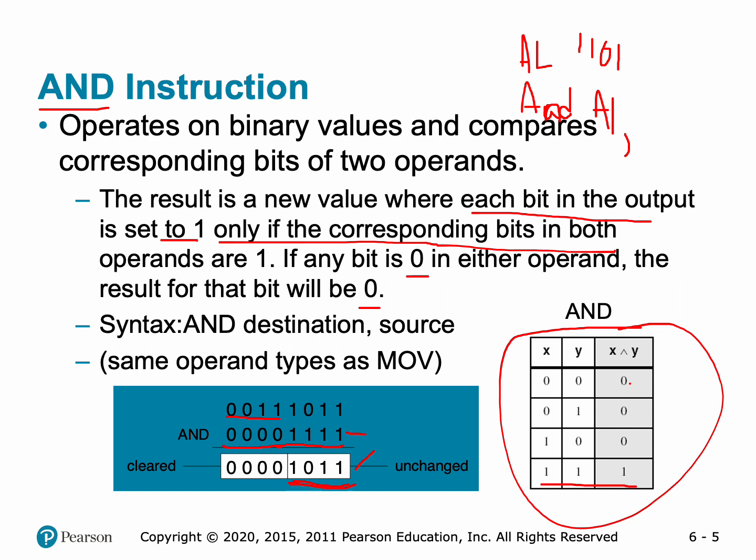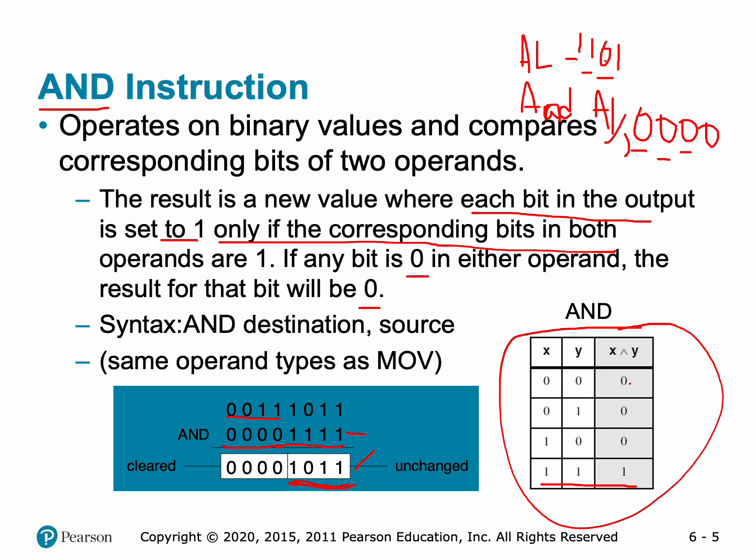So the way that I can clear AL to all zeros is ANDing it with all zeros. So 1 and 0 will be 0, 0 and 0 will be 0, 1 and 0 will be 0, 1 and 0 will give me 0.